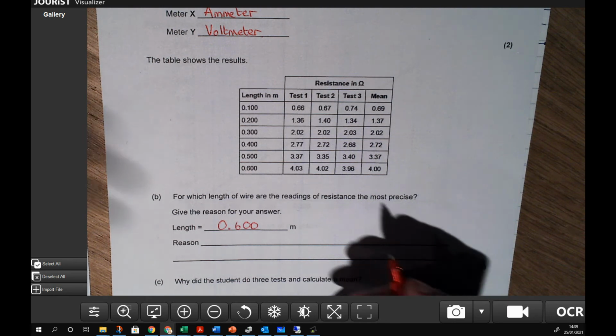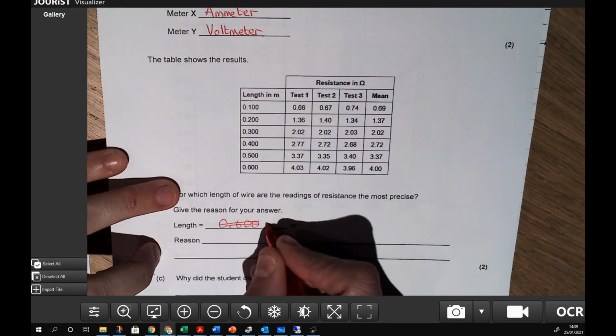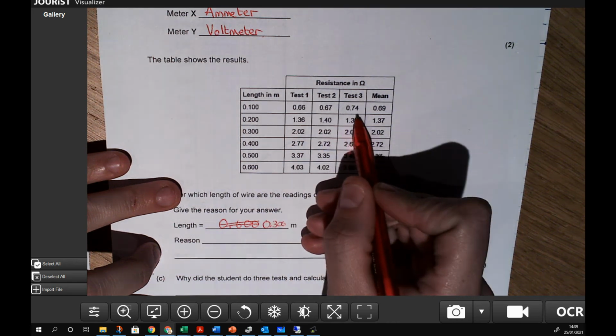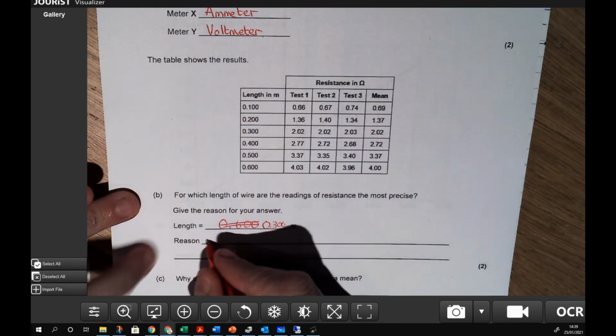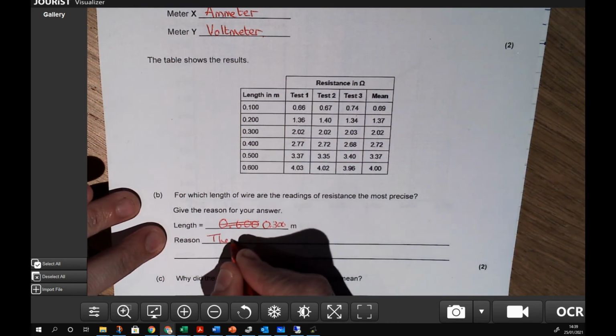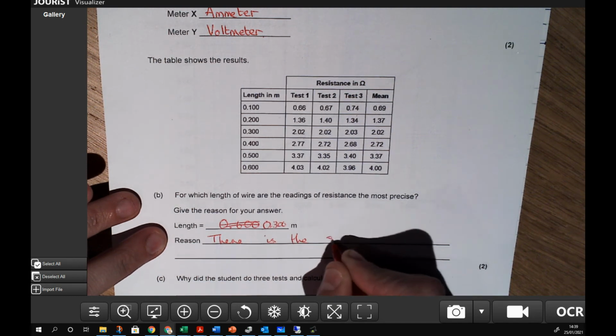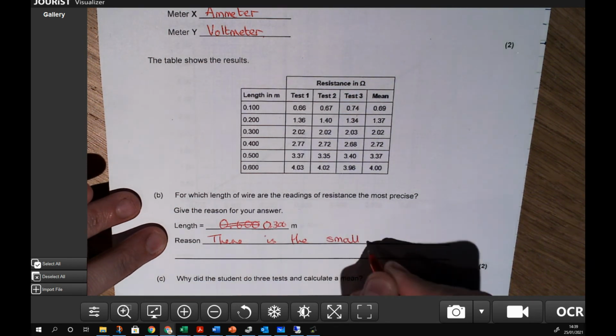Oh, no, sorry, wrong answer. It's 0.300. The reason behind that is that there is the smallest range.